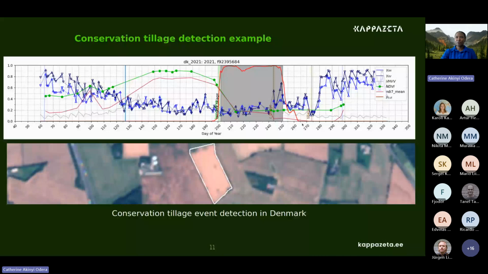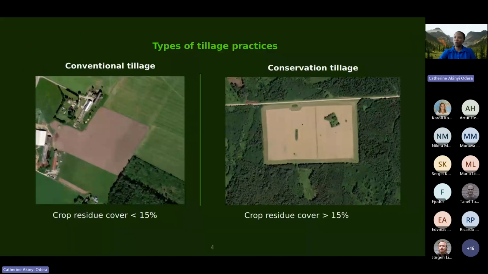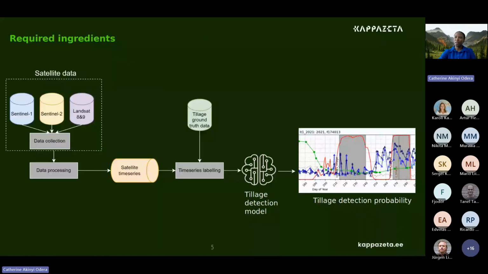I will just take you back to this point. And this is also an instance whereby the crop residue cover was detected in Lithuania. As you can see, the crop residue was detected for a while, and then the model thought that there was no crop residue, and then the detection happened again after a while. But in total, the crop residue was on the field for approximately 70 days.